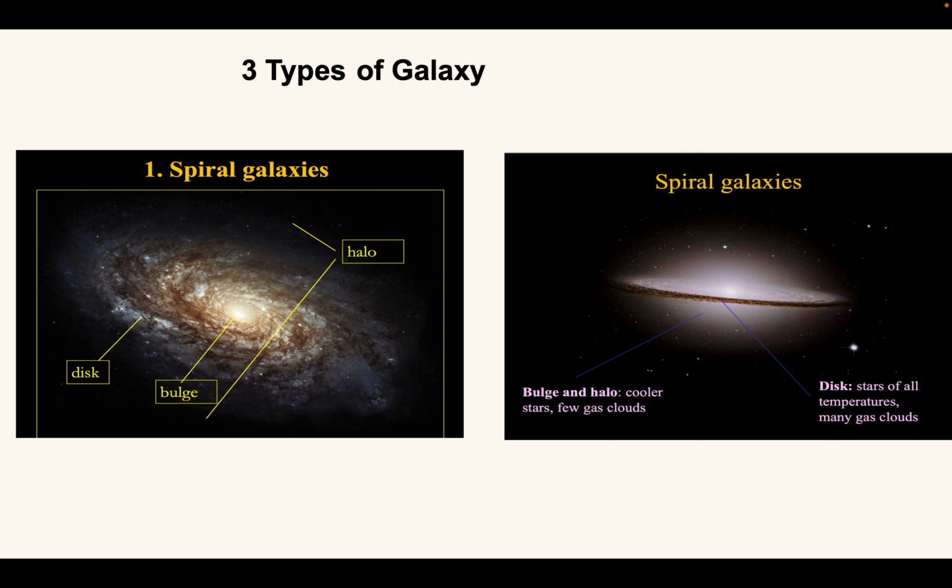In the spiral galaxy, the bulge and the halo have cooler stars and few gas clouds, whereas the disc has stars of all temperatures and many gas clouds. So in the spiral galaxy, the disc is the place where star formation is ongoing.